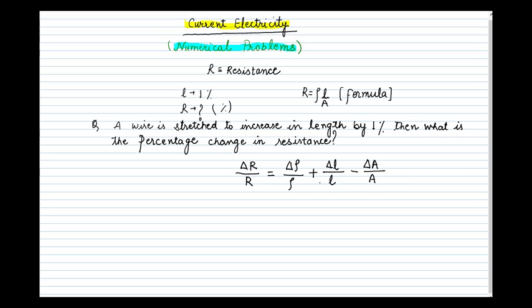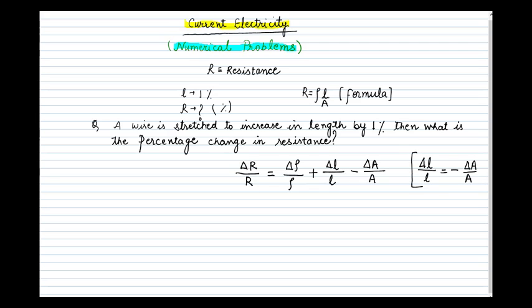Always mind this thing, that whenever the change is small, then we can write down this formula. And also, if there is a change in length, delta L upon L is equal to minus delta A upon A. This relation we can write whenever the change is small.